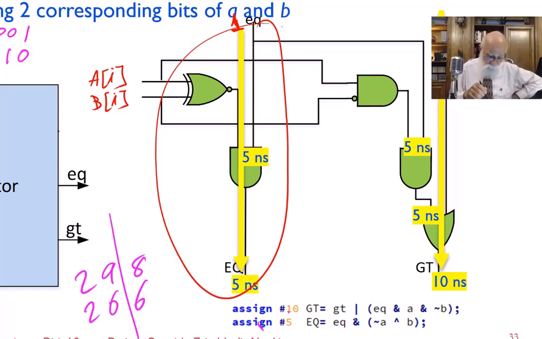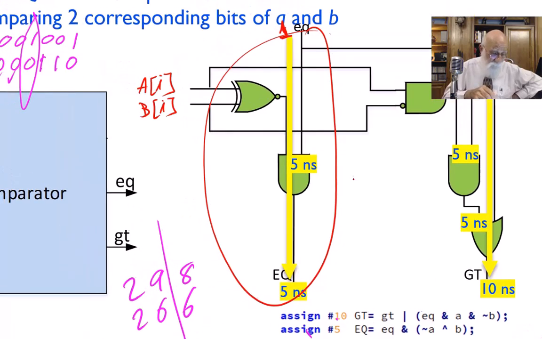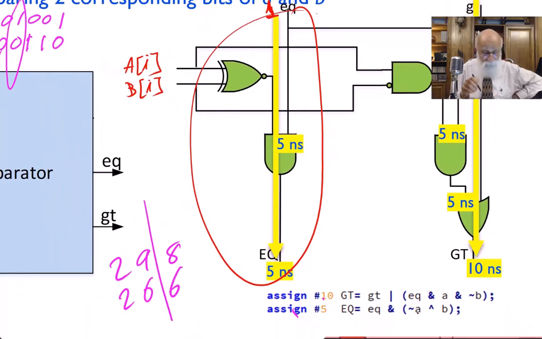And how about the equal? Equal is if the input equal is 1, and then if A and B XNOR of it. Remember I said that for XNOR, you can complement either A or B or the output. So this is equal anded with XNOR of A and B. That gives you the equal output.